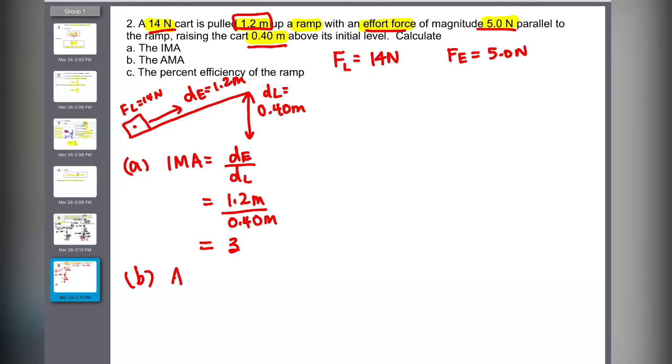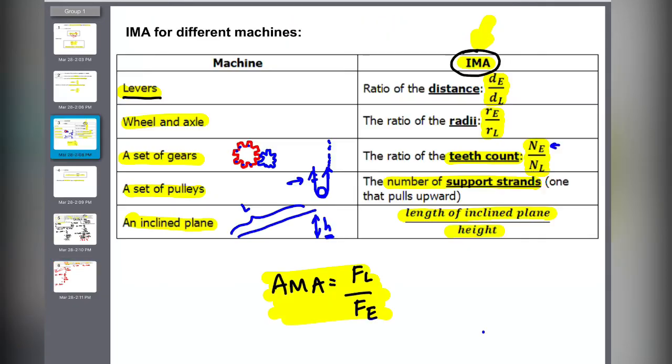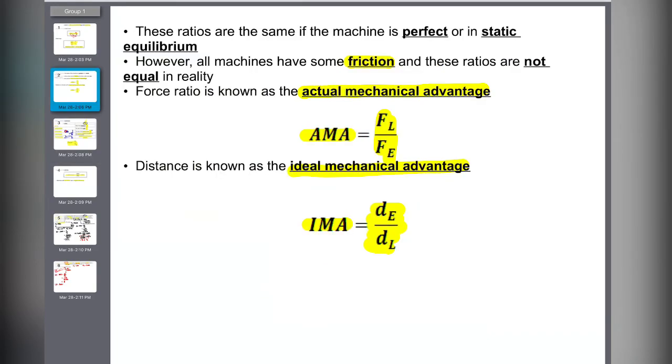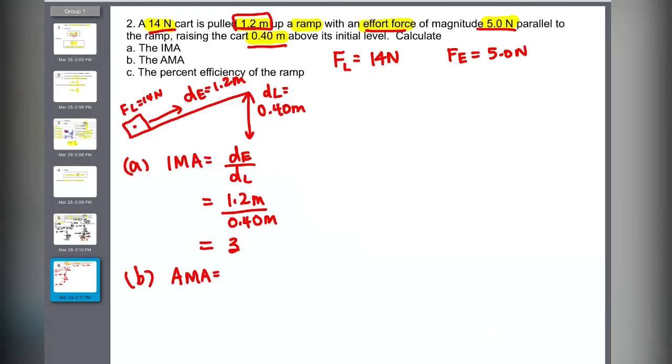Part B, what is the AMA? AMA equation is FL divided by FE. FL is 14 Newton. FE is 5 Newton. 2.8. No units, right? Remember, no units. They cancel.